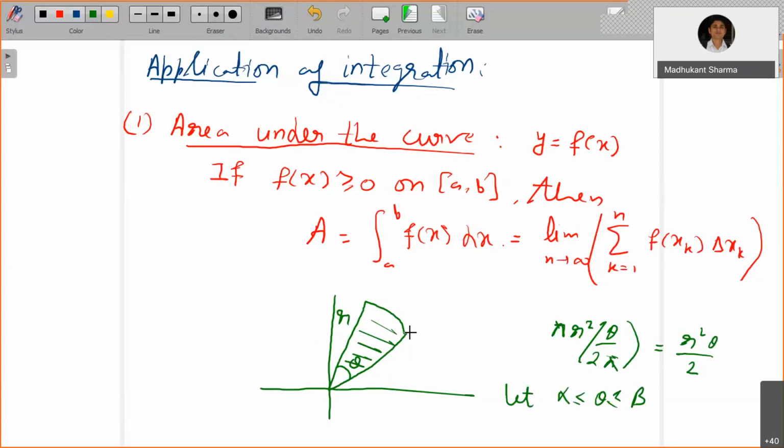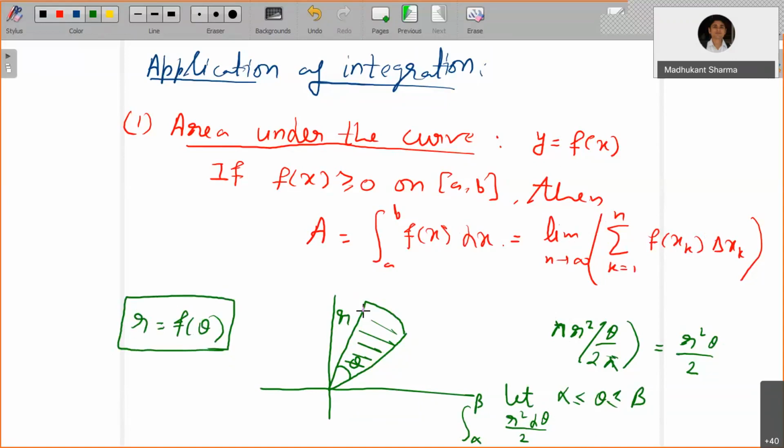Then the area is the integration from alpha to beta of r squared d theta by 2. That gives the area under the curve in polar form, one half times r squared d theta, where the equation is r equals a function of theta.